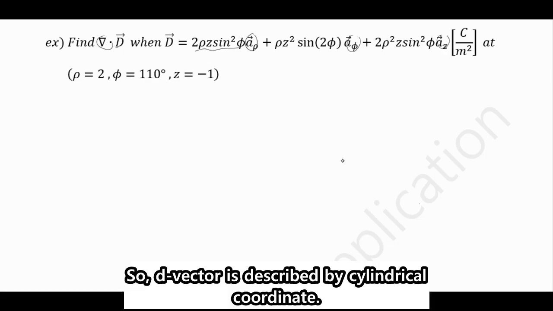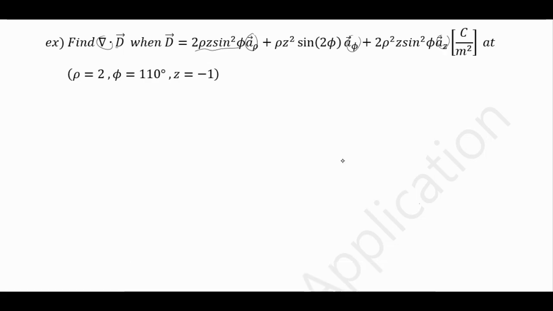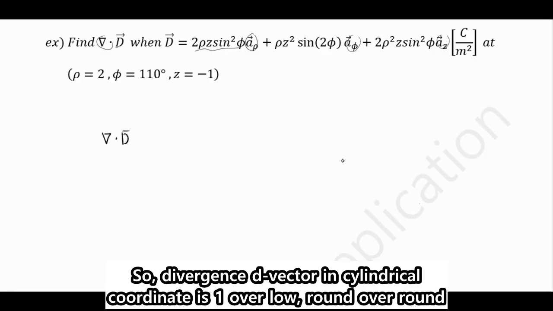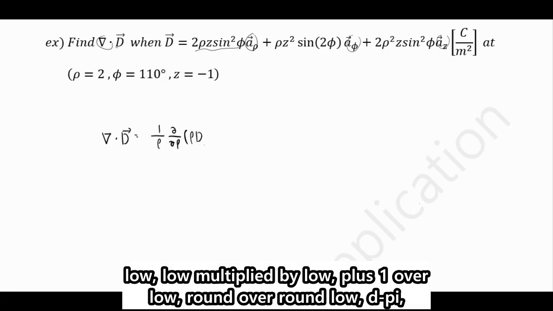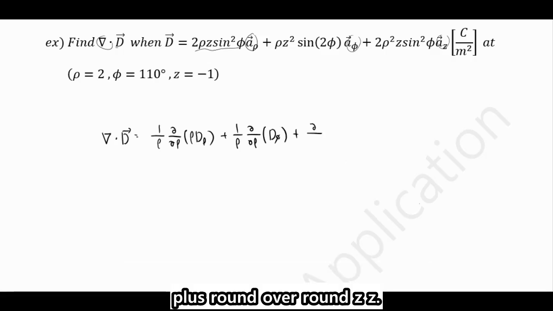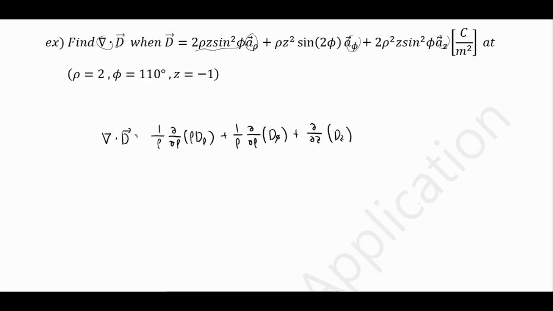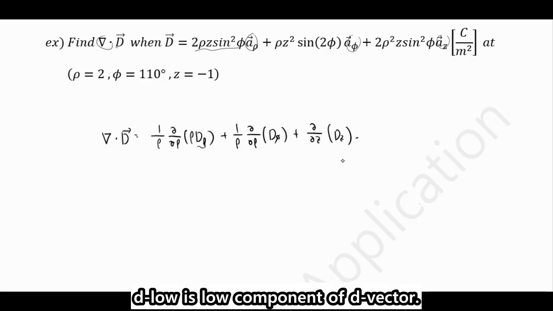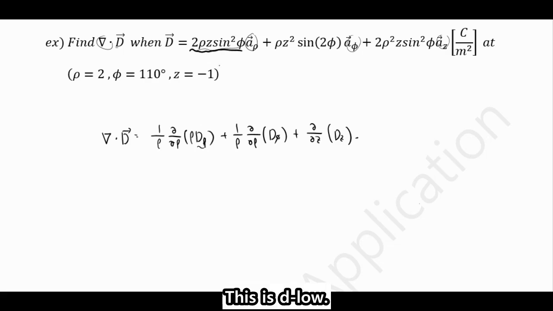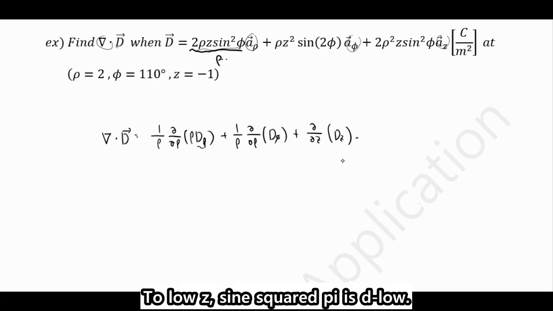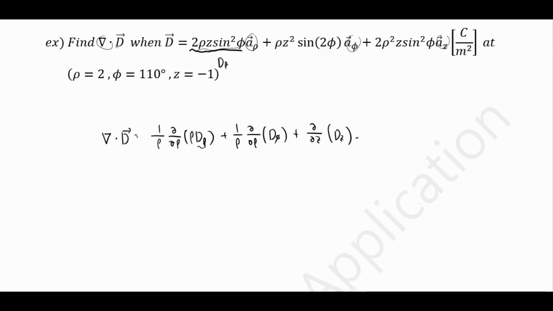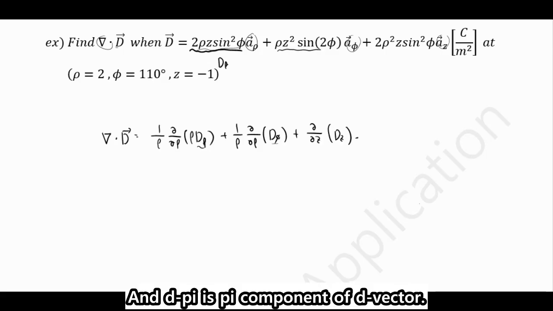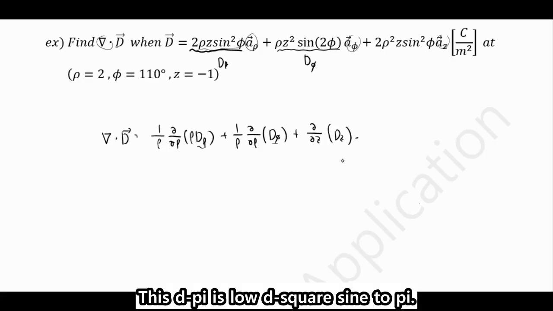So D vector is described in cylindrical coordinates. The divergence of D vector in cylindrical coordinates is 1 over rho, partial over partial rho, of rho multiplied by D rho, plus 1 over rho, partial over partial phi, of D phi, plus partial over partial z, of Dz. D rho is the rho component of D vector: 2 rho z sine square phi. D phi is the phi component: rho z square sine 2 phi.